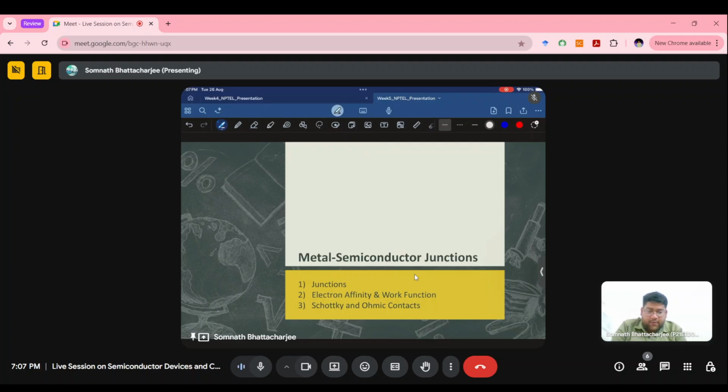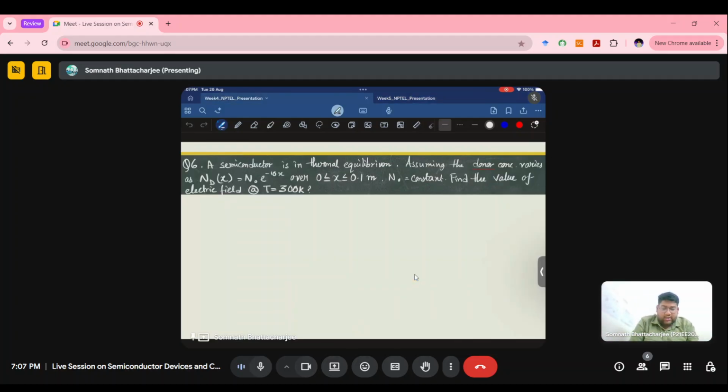Before we start today's session, in the last session I gave a problem to solve. If any one of you has already solved it, please let me know. Otherwise, I'll give the solution first, and then we'll start with today's session.